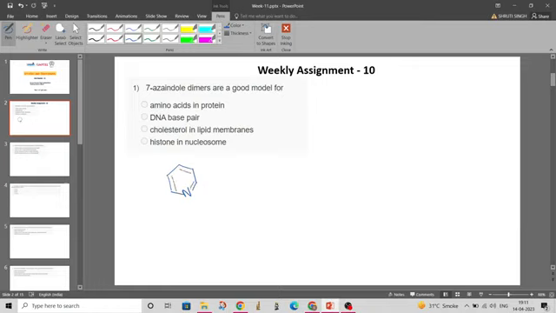So this is one 6-membered ring and one 5-membered ring is attached to it. The indole ring is attached to it, and here is a double bond. So this is one molecule, and since it is a dimer, we will have another one like here.